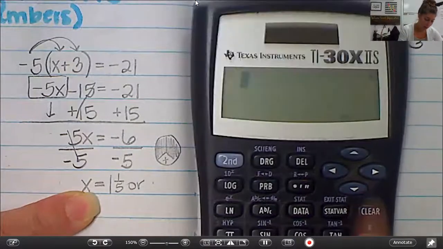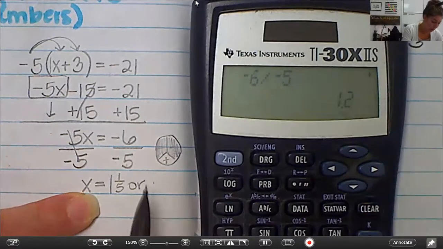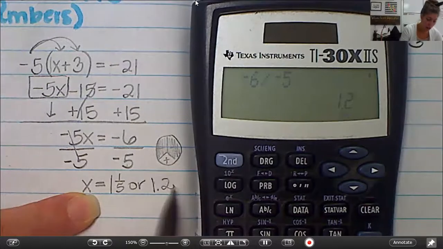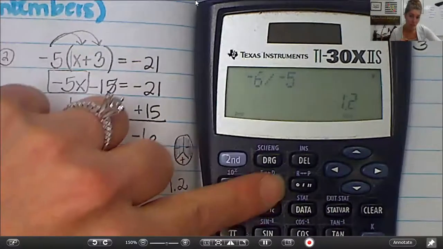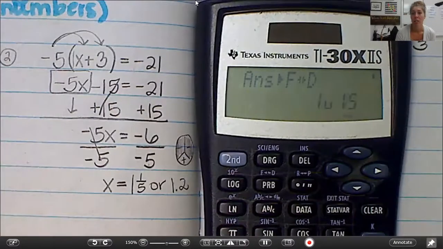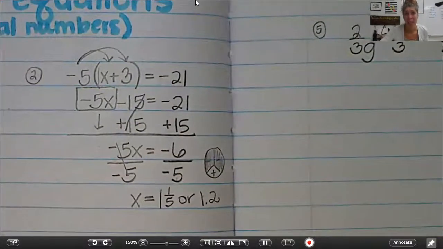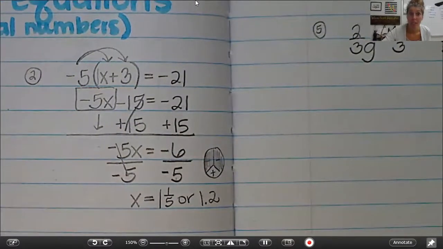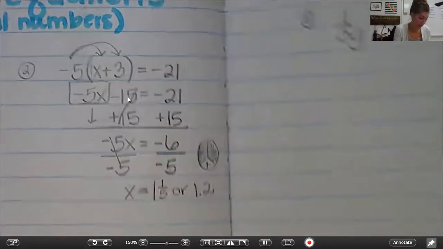I'm going to go ahead and do -6 over -5 just to show you that it does turn out to be the positive 1.2. Remember to switch it, second probability, and it changes it back to the 1 1/5, okay? Remember, the Big Ideas textbook is the only place where it's kind of important what form you type in. I have no preference, okay?